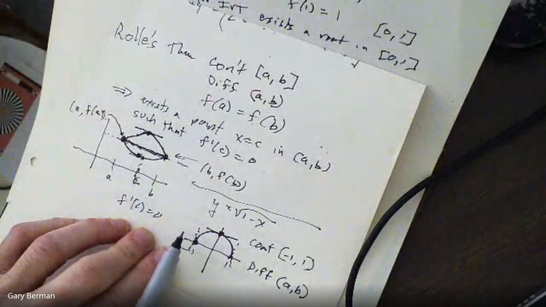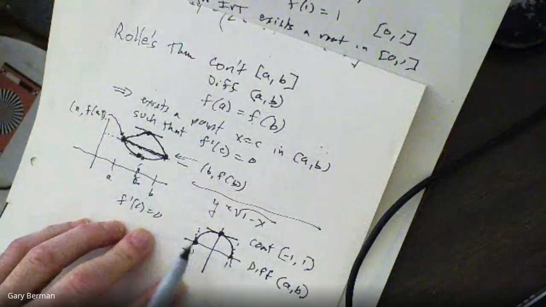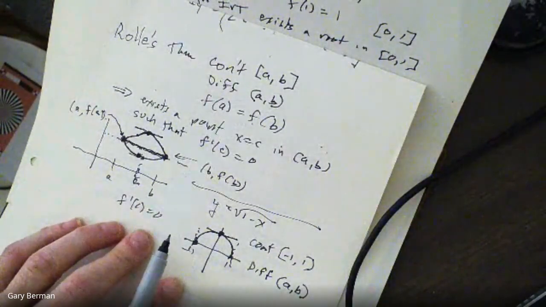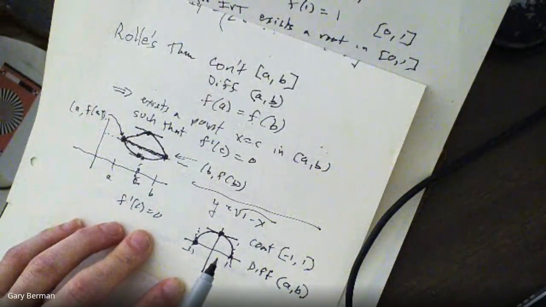We could make life easier that way, but we're throwing away a lot of good functions where Rolle's does work. And that is why we split it up into the difference between continuous and differentiable at the endpoint, because Rolle's will work even if you do not have a derivative at the endpoint. And we don't want to make the requirements for this theorem any more difficult than they already are. I don't want to insist that there is a derivative at the endpoint, even though it would be a lot easier to memorize and think about.